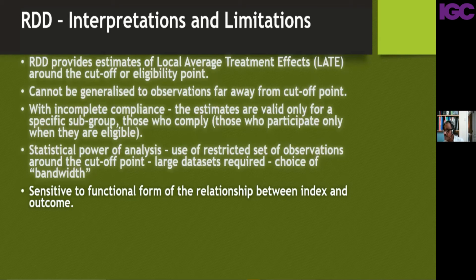Now, suppose the relationship between landholding size and yields is not linear. Suppose we say that there is a quadratic or a cubic kind of a relationship, then of course the estimates of impact will be sensitive to the functional form that is assumed.